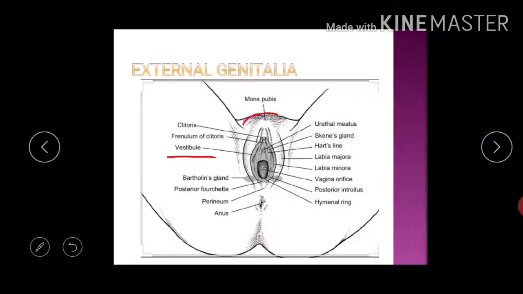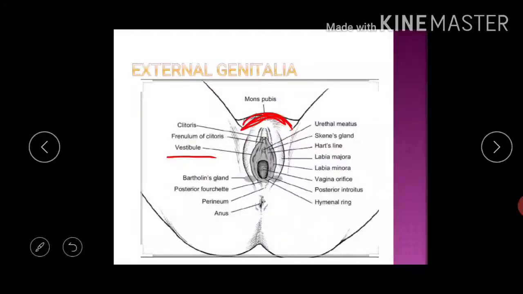Then the next one is the mons pubis. It is a fleshy elevation above the labia majora, and the mons pubis and the outer part of the labia majora show pubic hairs. This is about the external genitalia.